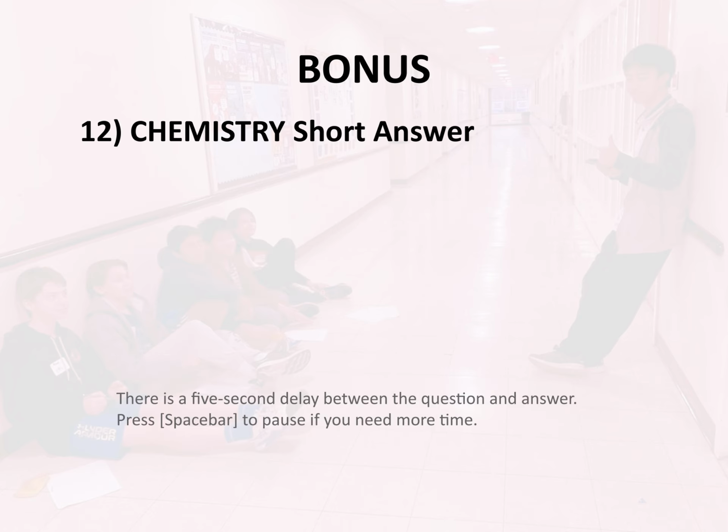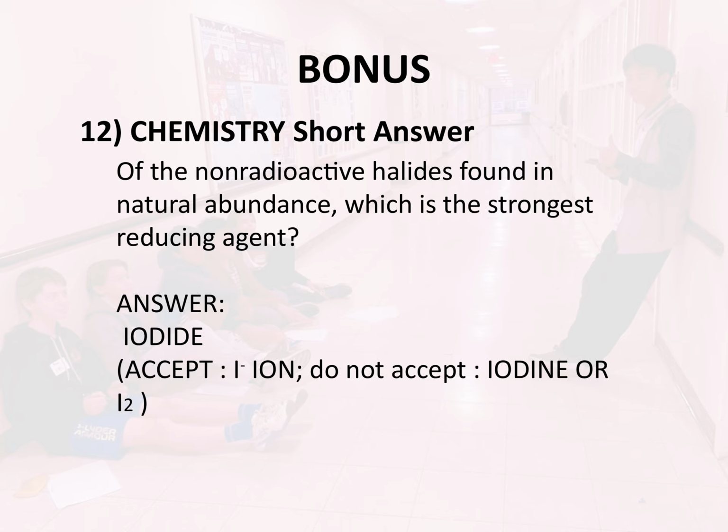Bonus 12. Chemistry. Short answer: of the non-radioactive halides found in natural abundance, which is the strongest reducing agent? Answer: iodide.